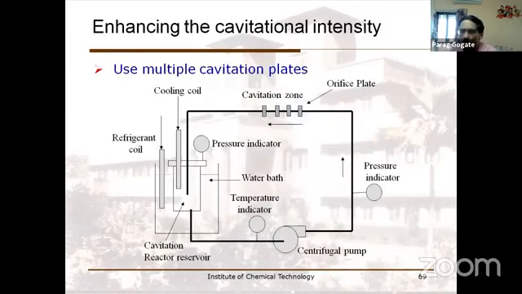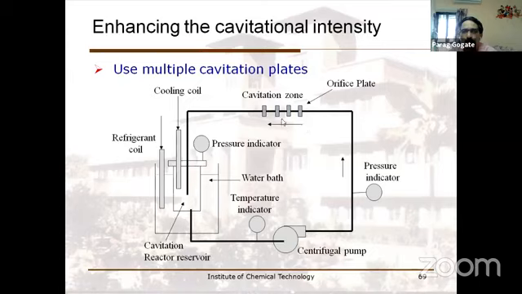Right, I can still think of maybe in next 2-3 minutes, it is already about 5:50, so we are right on time. So I just want to give you some idea in terms of how I can enhance my cavitational intensity. I can think of cavitation zone, like I can have one orifice plate after the other, after the other.